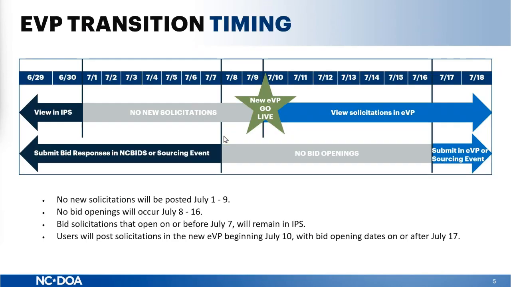So before we move on into actual demos, let's talk about the timing of this, because this is going to be important to you. So the big date here, July 10th, that's a Monday. That is the go live. So that is when the new system is going to come into play. As you know, it takes a while to create a solicitation and post that.